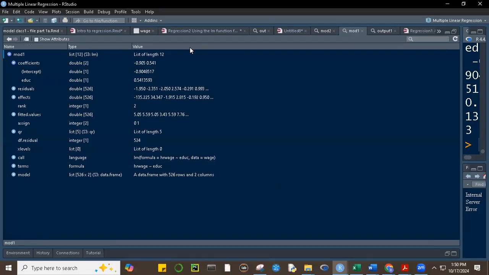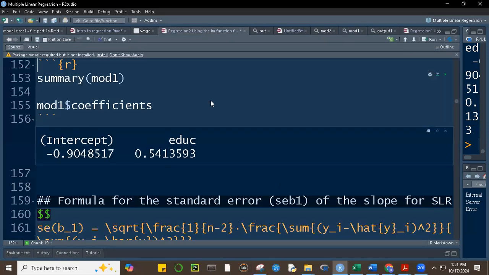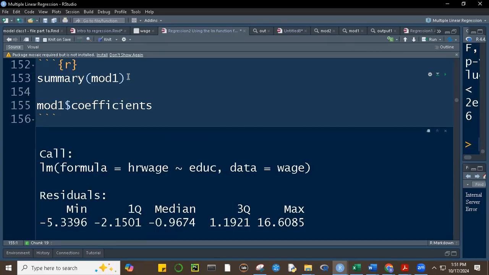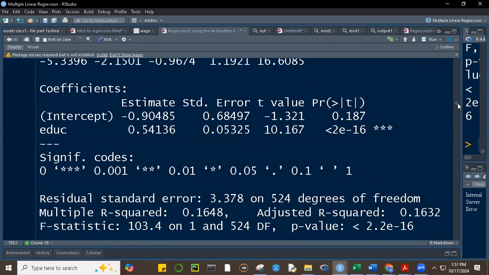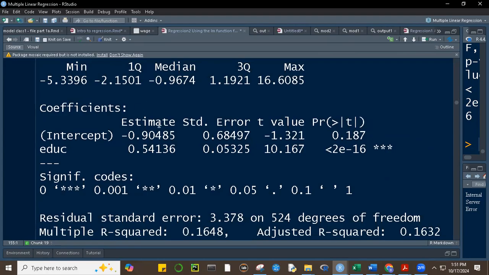However, class, if we print the model 1, under coefficients you have the estimate.